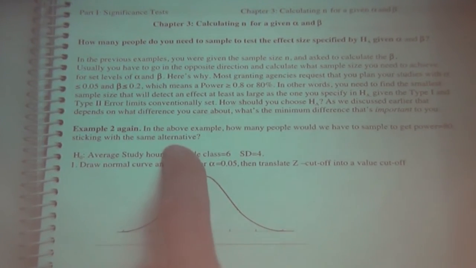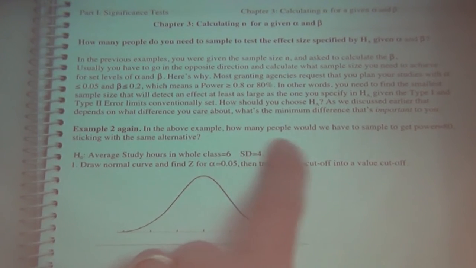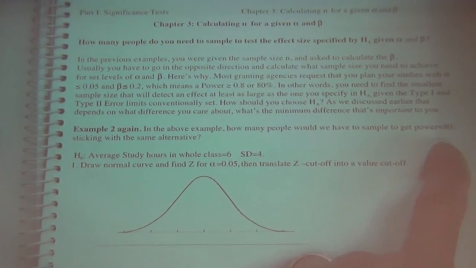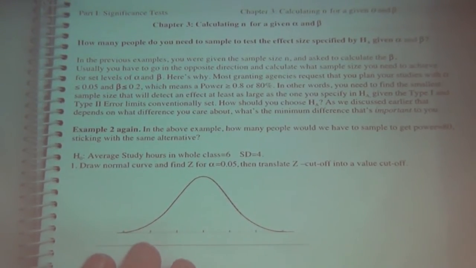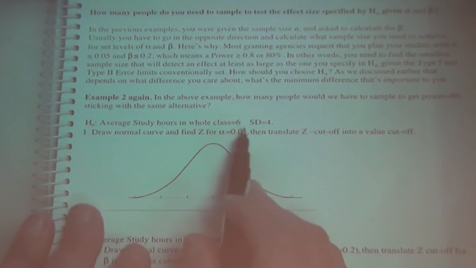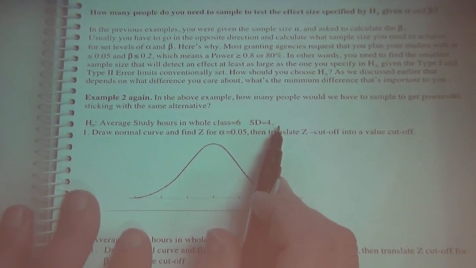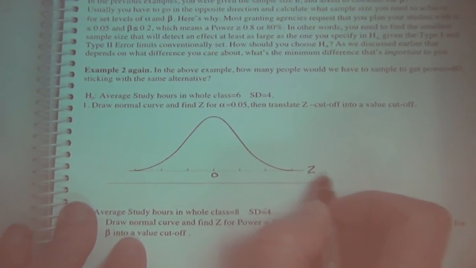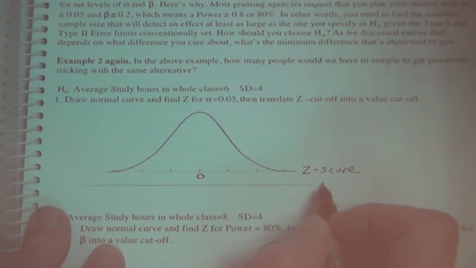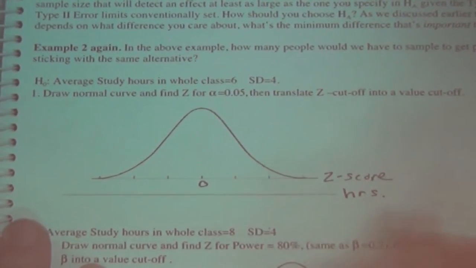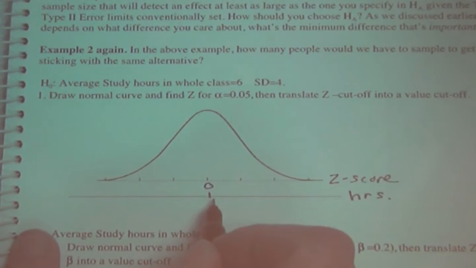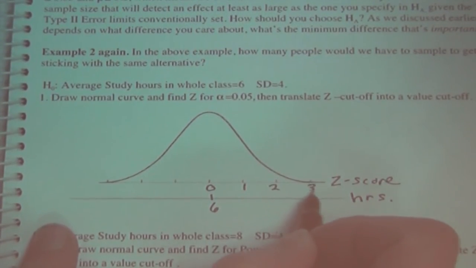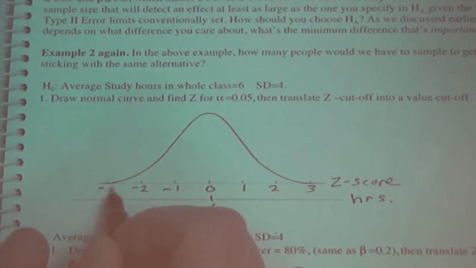All right. So now let's do the same example again. How many people would you have to sample to get a power equal to 80%? Sticking with the same alternative, so we have everything the same. It's still 6 and 4 here, right? We still have this situation where in standard units, in z-scores, which are unit free, and here we have it as our value in hours, those are our actual units, 6 is our null, and this is what the normal distribution looks like in standard units.